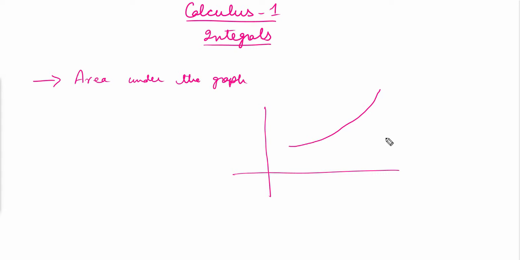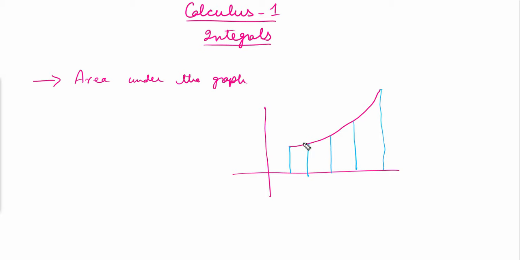Let's discuss that we are not using integrals. In order to work out the area under the graph, we split the area under this graph into small rectangles, like this: 1, 2, 3 and 4, and then we can approximate the area of each rectangle.